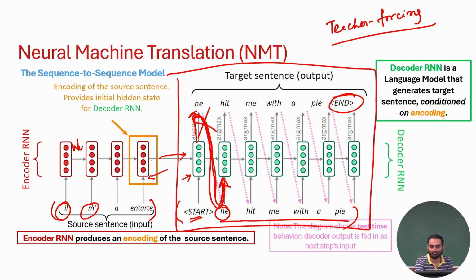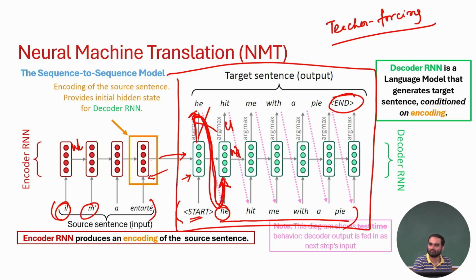And how many parameters are there in the decoder? Two parameter matrices, WD and U, because the unembedding layer is also important. For every position, you produce the word.